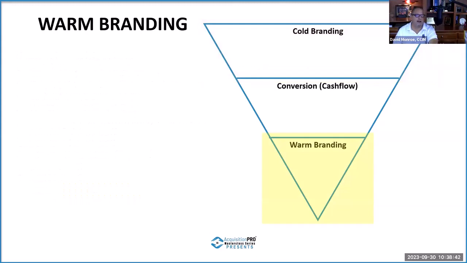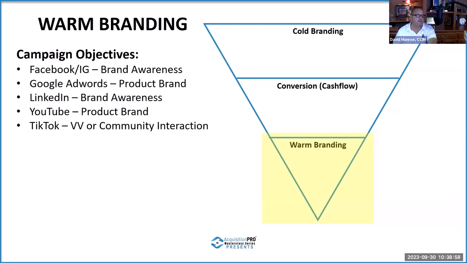All right, warm branding. So we've sent them cold branding. They've seen our stuff. Maybe they've engaged with our stuff, but they haven't converted with us yet. So now we want to create a warm branding campaign. So our objective here is now brand awareness. Remember, we did engagement for cold branding. Now we're doing awareness.